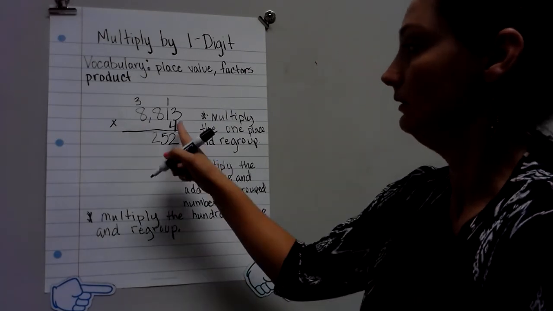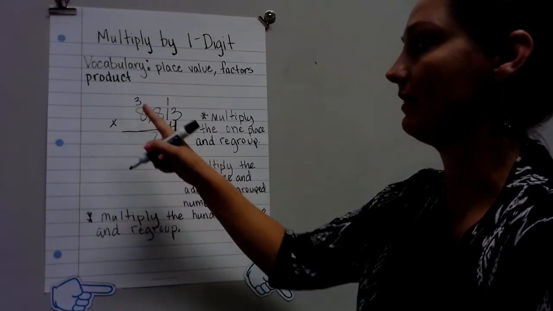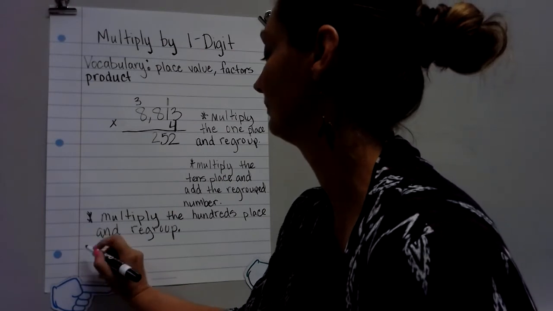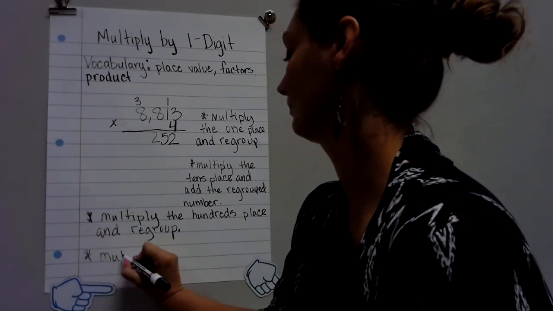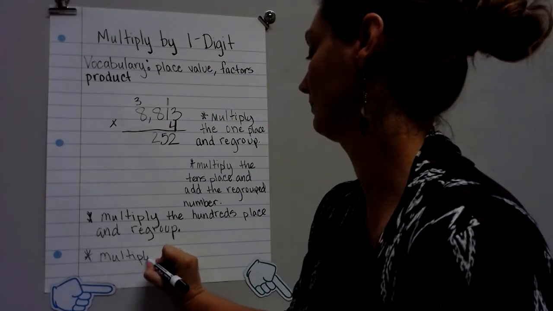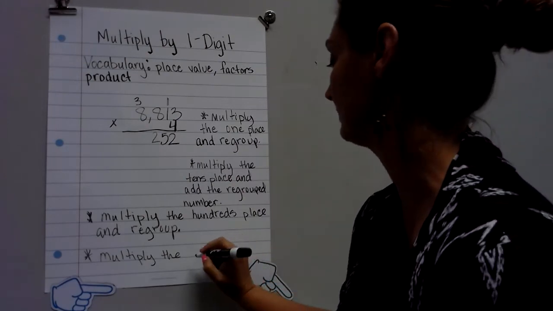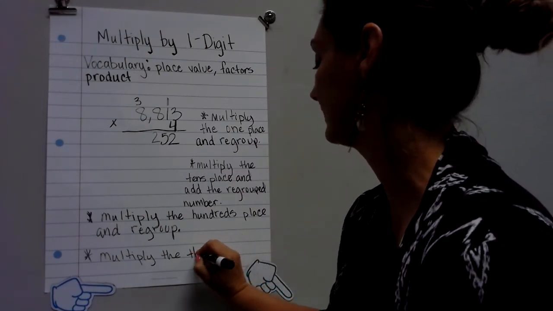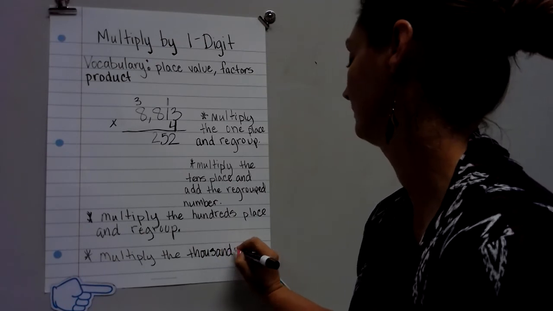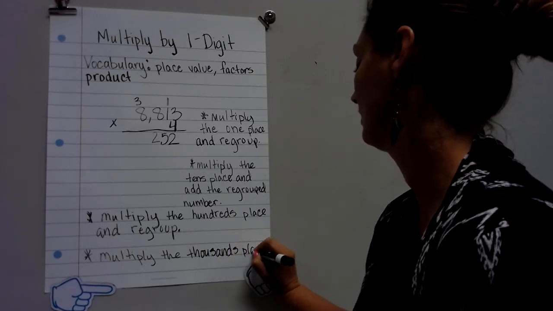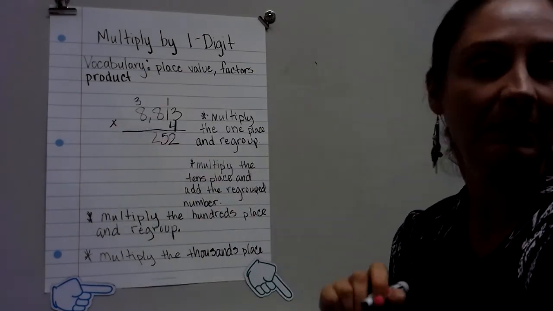Okay. Then I'm going to do what? I'm going to multiply the 4 by that thousands place. Multiply the thousands place. When I do that, I get 32 again, but I need to do something with that 3 up there.